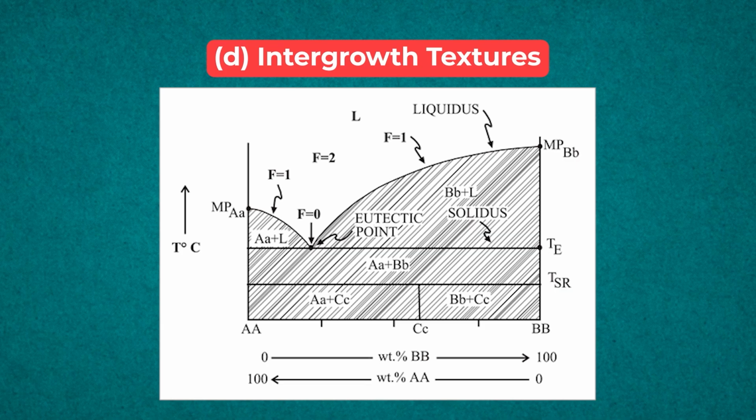Similarly, the other component has a slightly lower melting point, starts crystallizing from its melting point, and follows a curve which has a degree of freedom of 1. Now these two curves meet together at one point which is called the eutectic point, where the degree of freedom is 0. Below this point, you get mixed crystals formed having composition of A plus B.